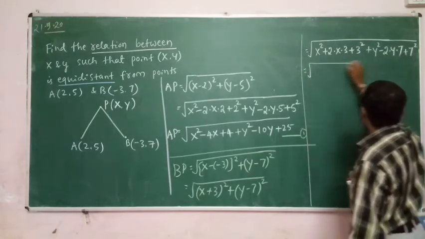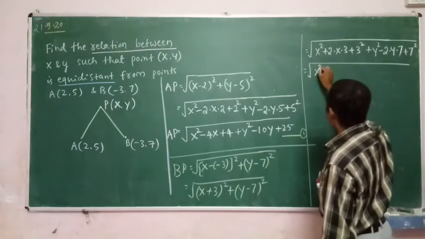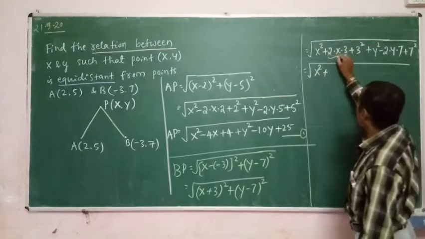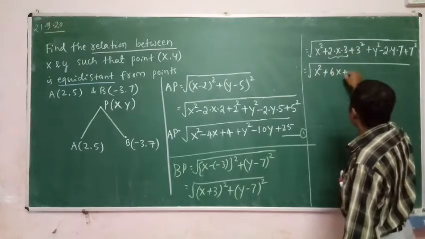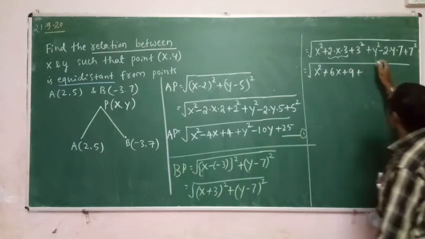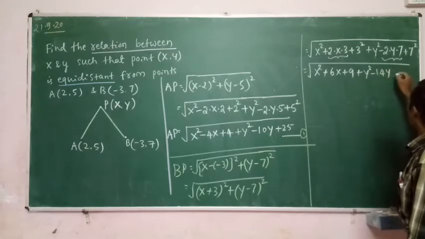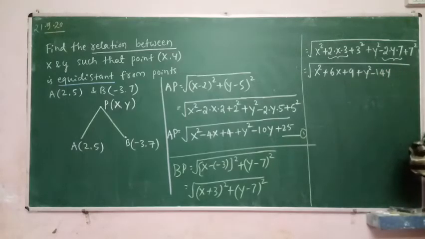This equals under root x square plus 6x plus 9 plus y square minus 14y plus 49, since 7 square is 49. I can call this equation number 2.